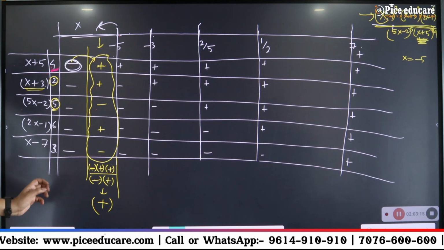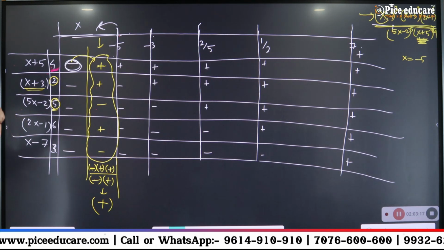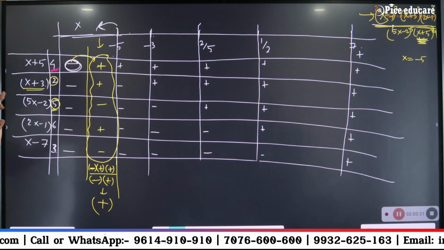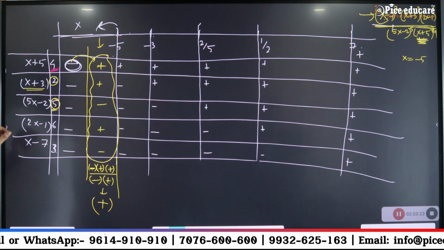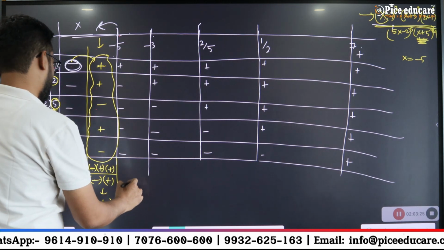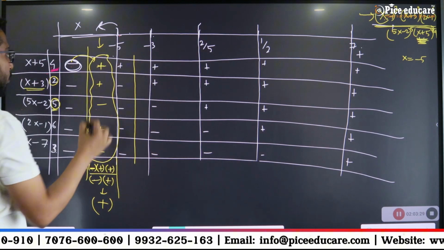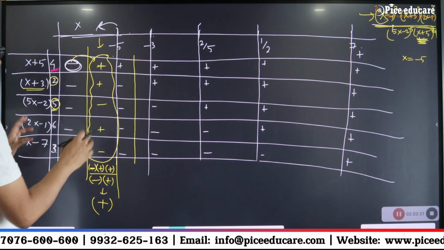Now you go for the same thing, you have to maintain the order. So 7, 3, half, so 7. Let's take into account the signs here also.